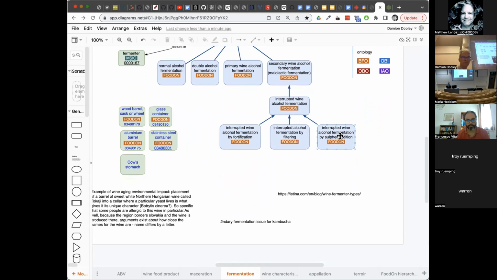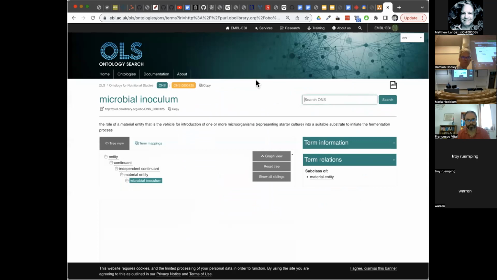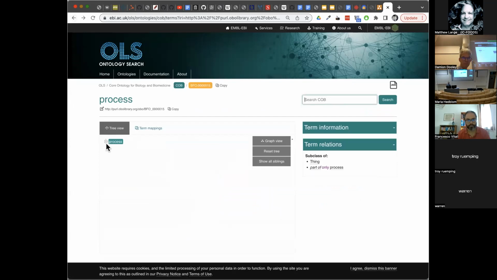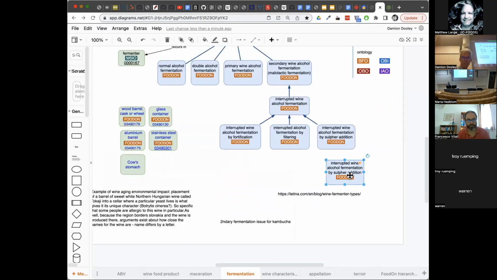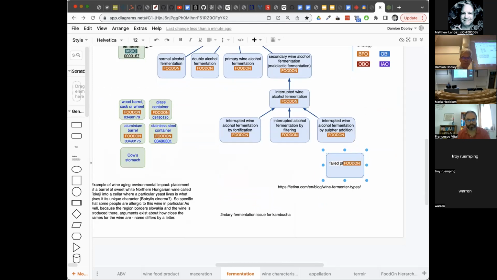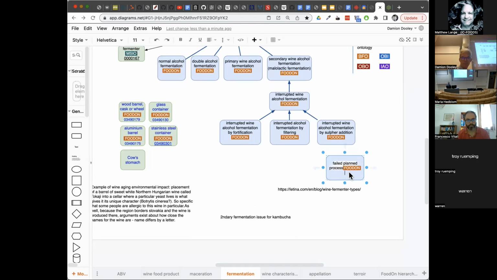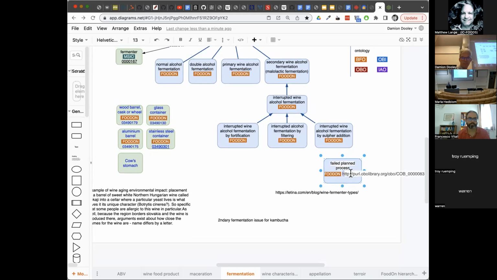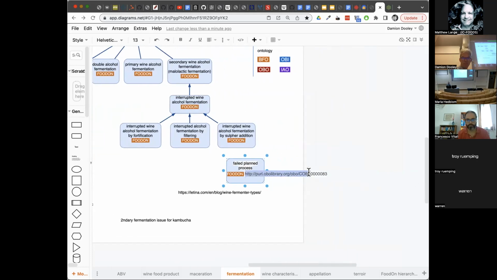And even so, we have these planned processes, but we don't get the expected outcome from the planned process. And so mapping this out to the degree that we can, it could be a failed planned process, but it stops there. That ontology stops right there. And what I would like to see is actually the ability to understand where it failed, why it failed, and the more that we can model this process ontologically, the better off we'll be.